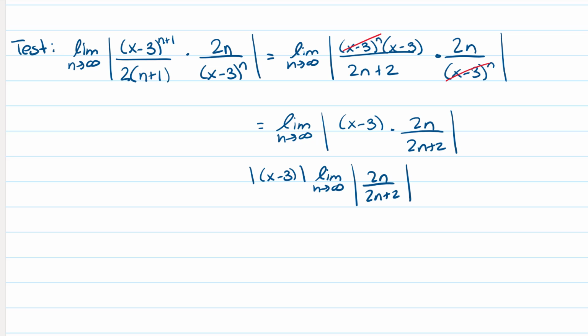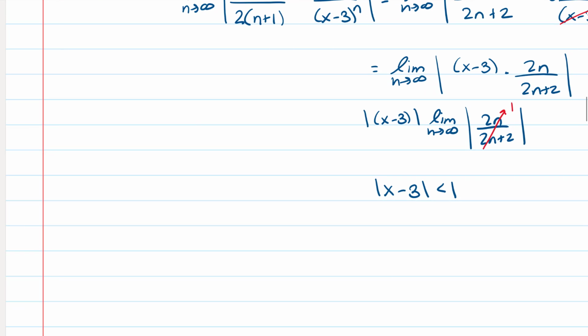Using an n behavior model, this is going to go to 1. So I'm left with the absolute value of x minus 3 is less than 1. So if I want to find the interval of convergence, I go -1 is less than x minus 3 is less than 1. So then I add 3 to both sides, and I'm going to get 2 is less than x, which is less than 4. Cool, so that's my interval.